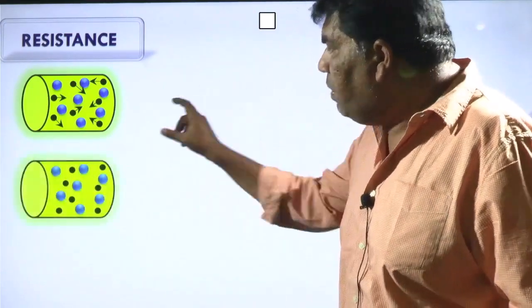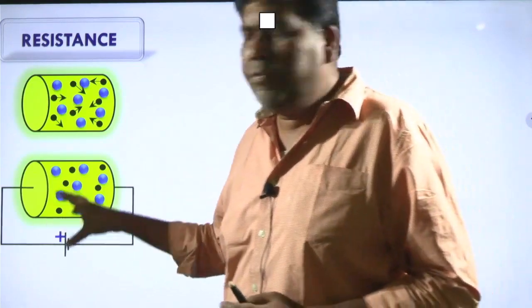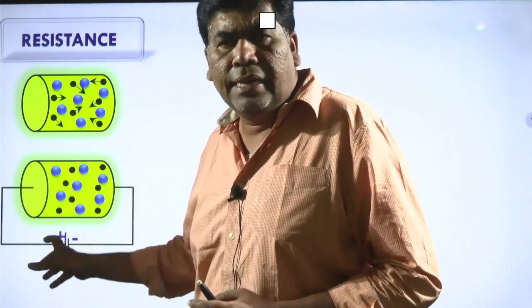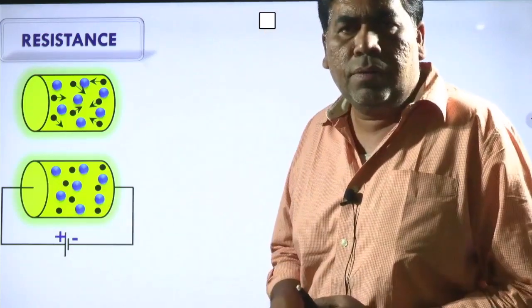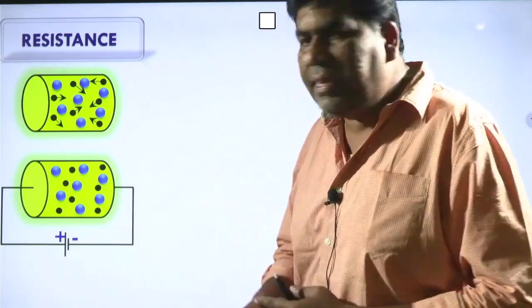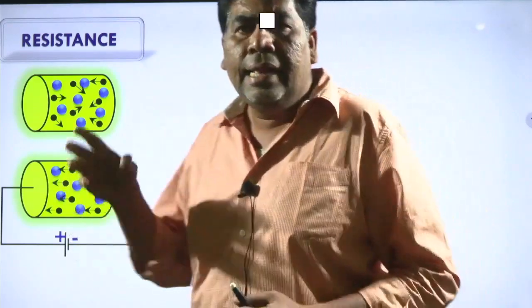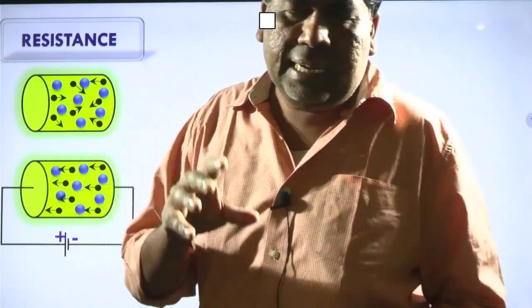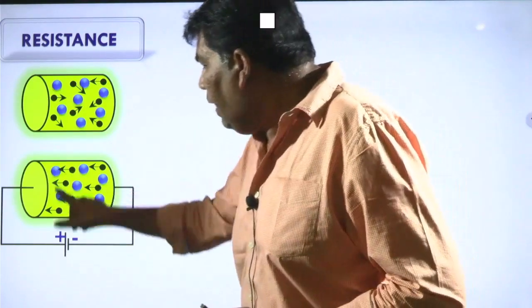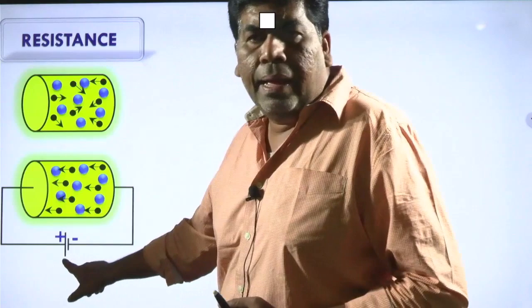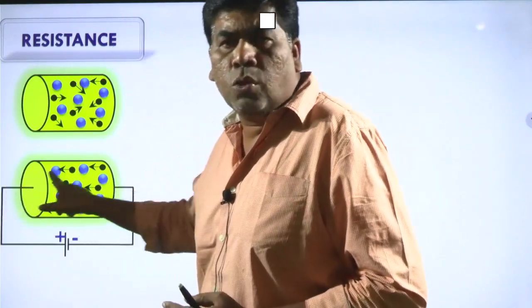Suppose the same conductor is attached in a circuit, to a source of electricity. Then what happens? The particles align themselves in one direction. And as we have connected it to a battery, a source of electricity, the current starts flowing through the conductor.